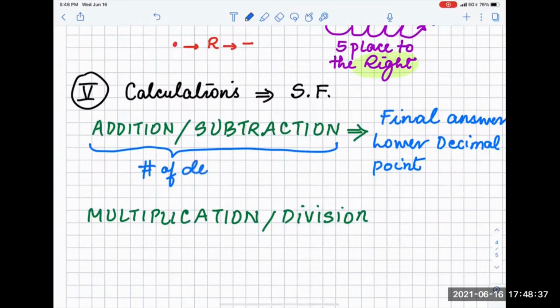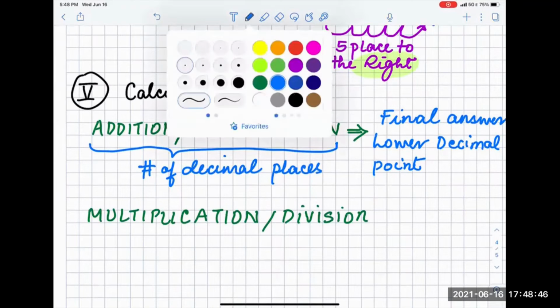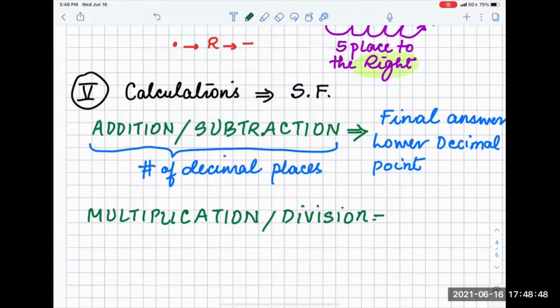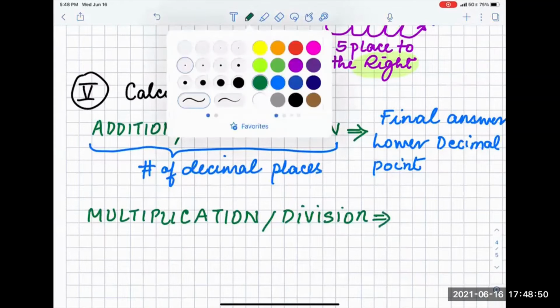But when you have multiplication and division, then in that case, you look at the lowest significant figures.